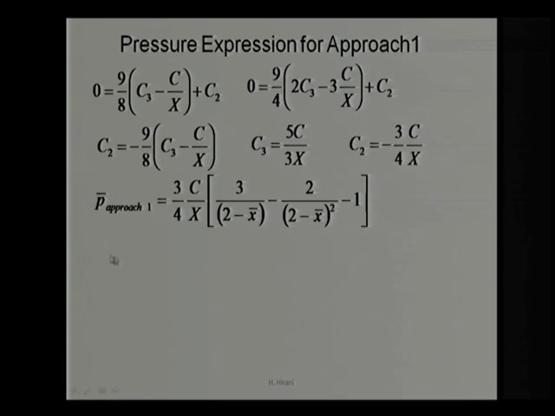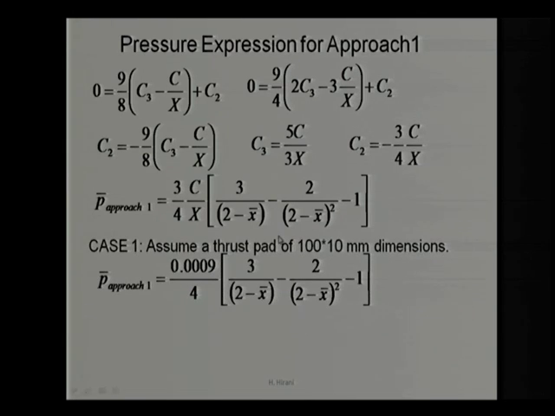Substituting, we get the pressure expression something like this, 3 by 4 capital C divided by capital X, first term, second term and third term. We can verify that whatever we obtained earlier with the data, this expression is going to give the same value.